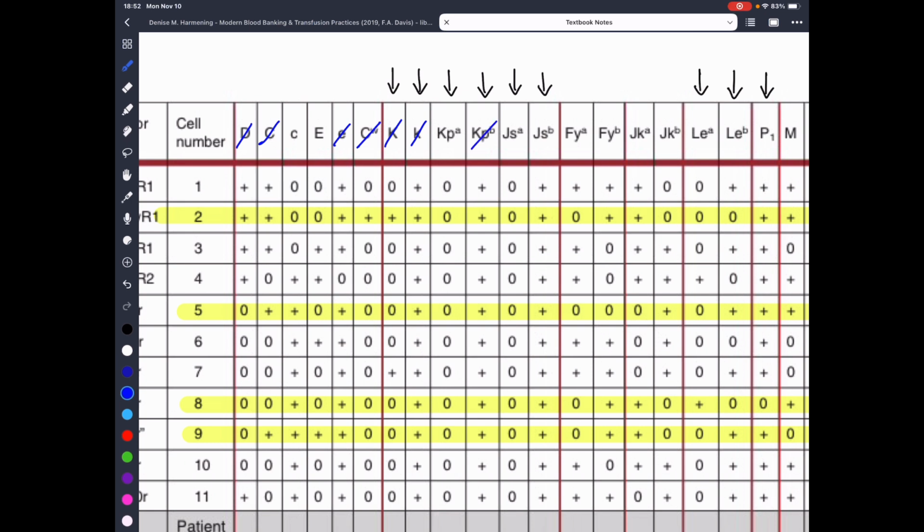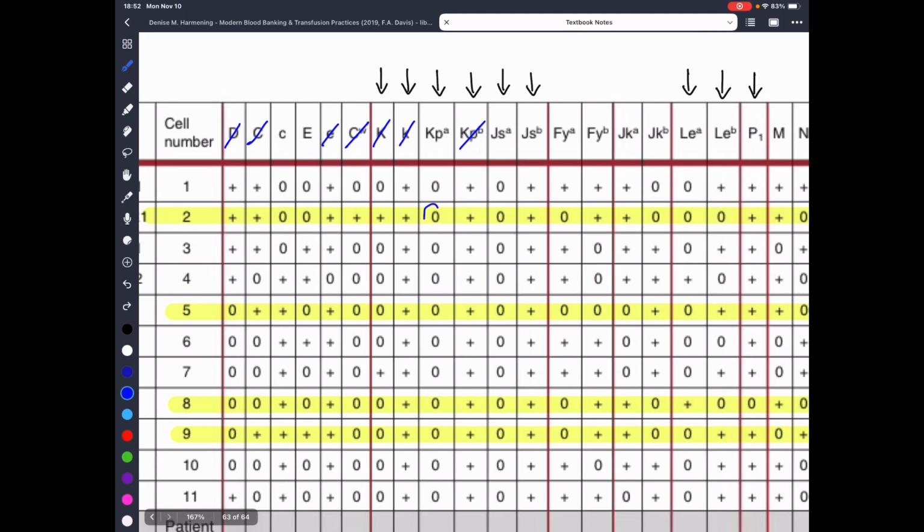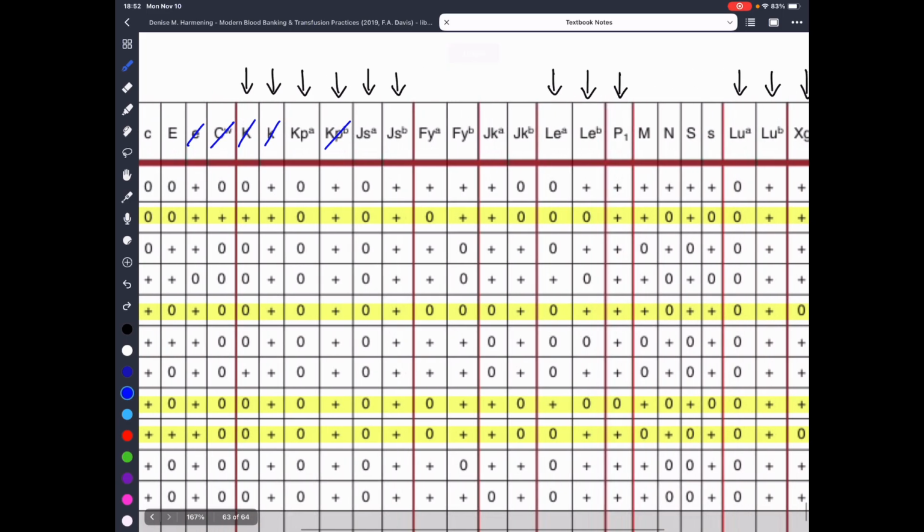We cannot cross out KPA because there's 0 KPA. That means the reagent RBCs do not have KPA. All right, so JSA and JSB, this one is homozygous for JSB, and there's no JSA, so we can cross out JSB.